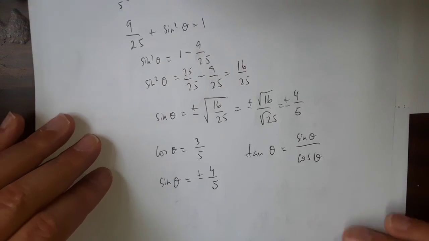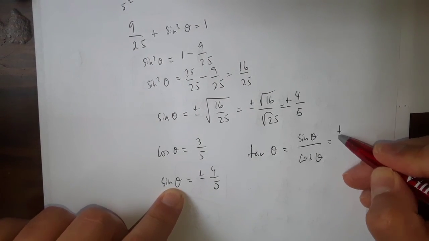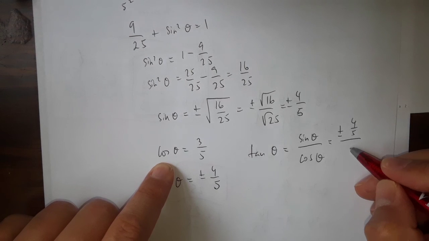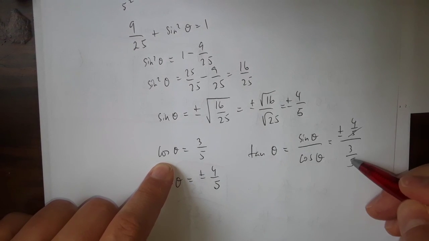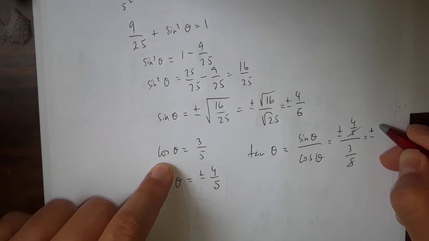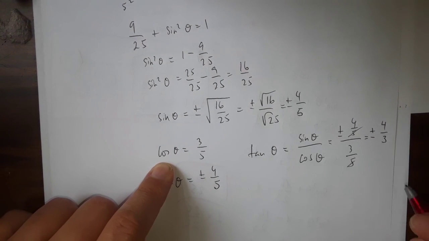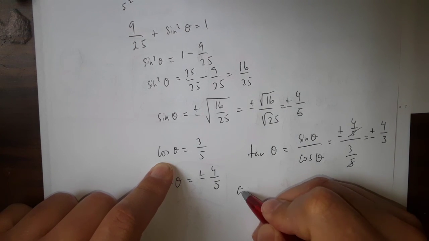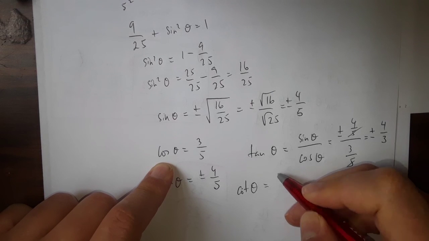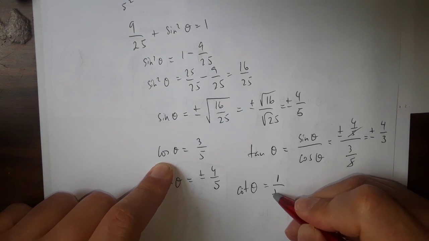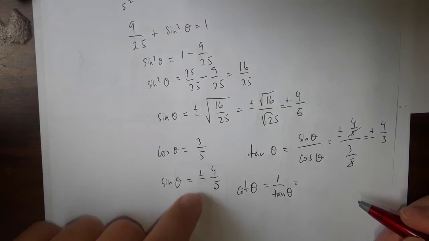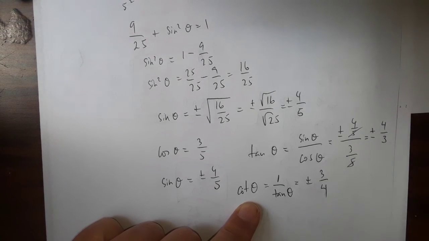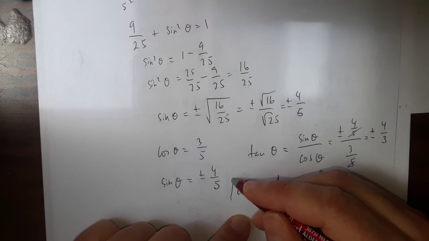Because the sine is plus or minus 4/5 and the cosine is 3/5, the 5's cancel out and I have plus or minus 4/3. I'm looking for cotangent, and we know that cotangent of theta equals 1 over tangent of theta. So that's going to be plus or minus 3 over 4, because it's the reciprocal. And that's it. I'm done.